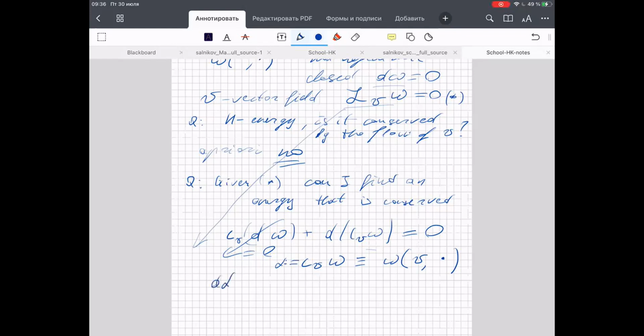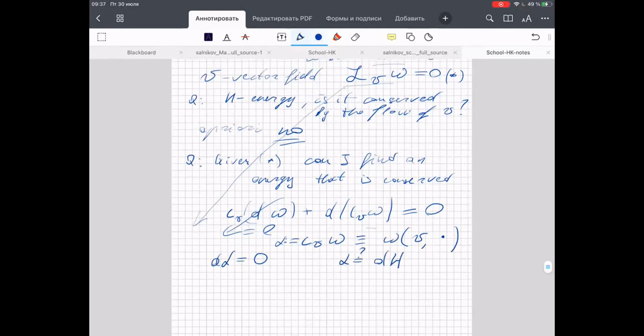I have d alpha that vanishes. And having this condition of existence of the Hamiltonian would mean that alpha is actually d of something. So this is what I want to study.